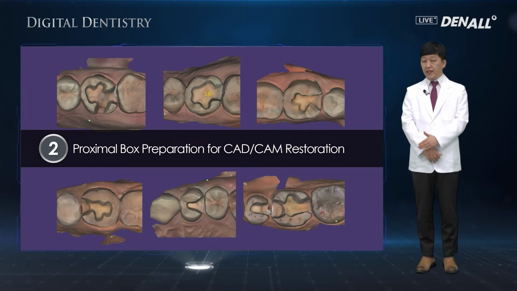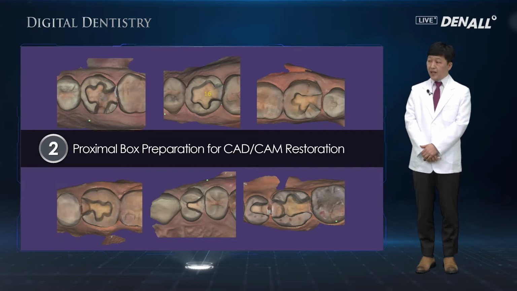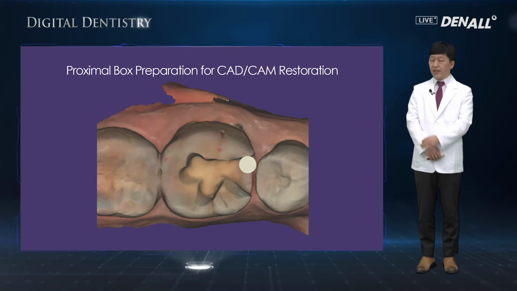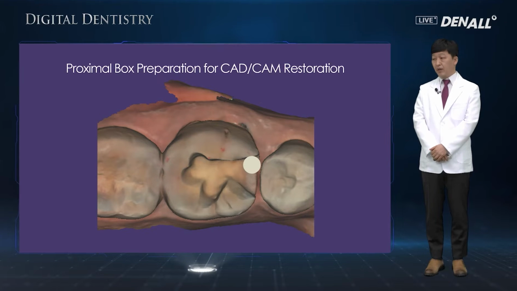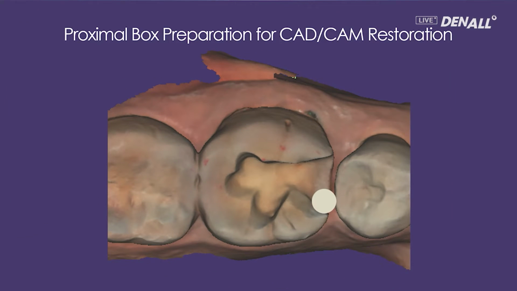Second, when you do CAD/CAM inlay, there are cases where you need to prep proximal boxes. If you use the round inlay burr and remove proximal area here, what kind of problems could occur?